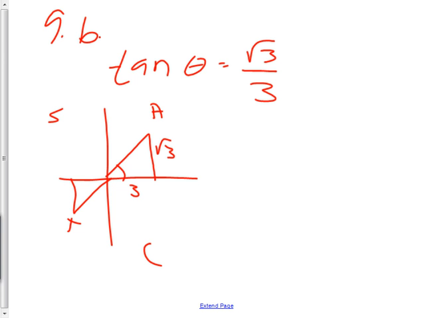Square root of 3 squared is 3. Sorry, and then I'd have 9 and 3 makes 12. Square root of 12. What the heck? But then you can simplify that. What's the square root of 12 simplified to? Root 4 and root 3. And that's really 2 root 3.